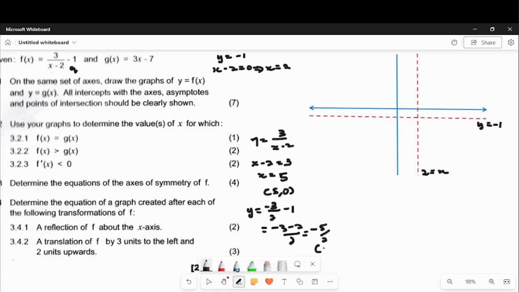So my y-intercept is (0, -5/2), which is -2.5. So let's say 2 is there, then -2.5 is somewhere there, and 5 is there.